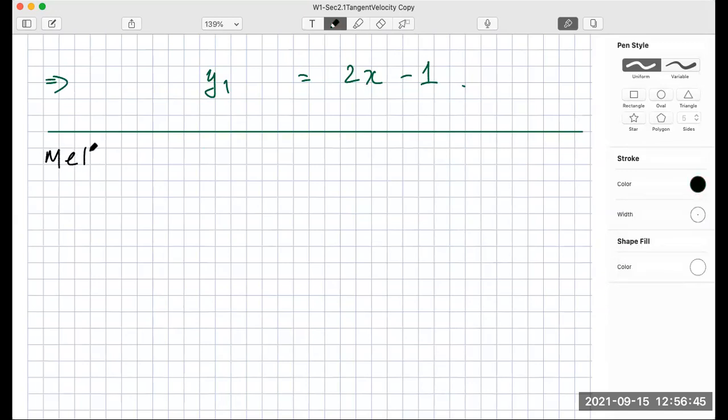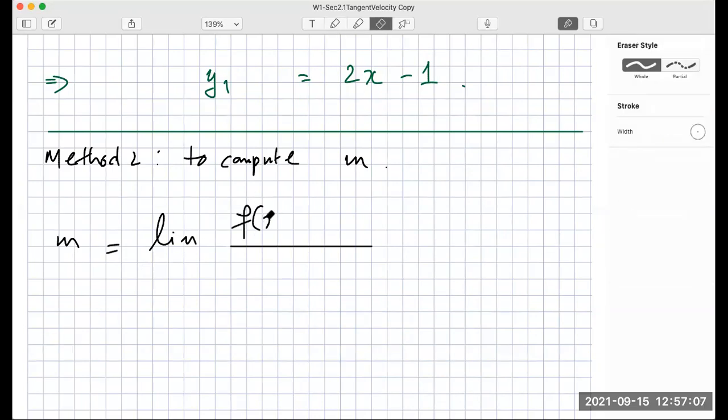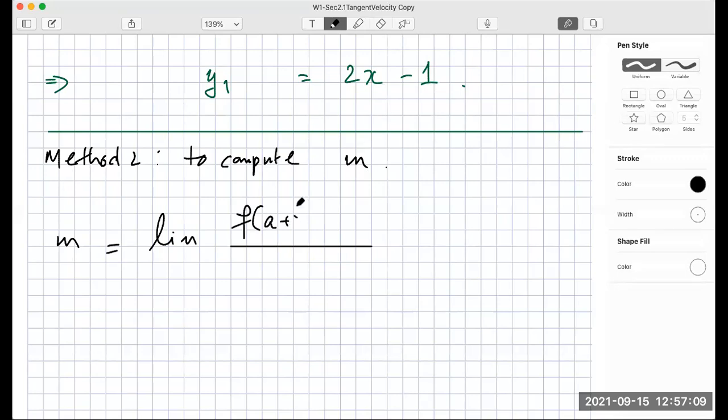The method to compute m: m is equal to the limit when x approaches a of f of x minus f of a, or the other formula, f of a plus h minus f of a divided by h, as h, the distance between them, comes closer to 0.